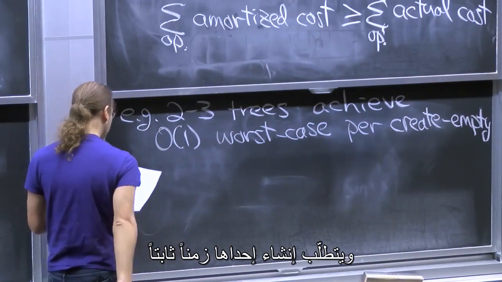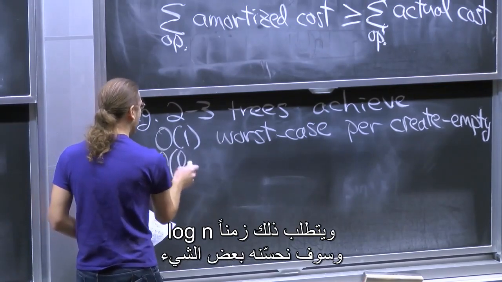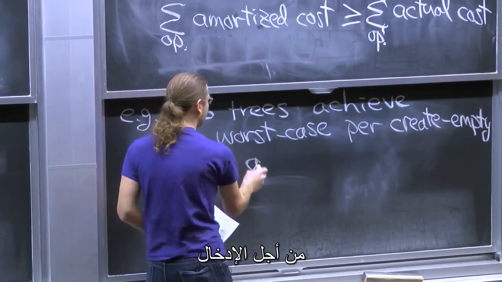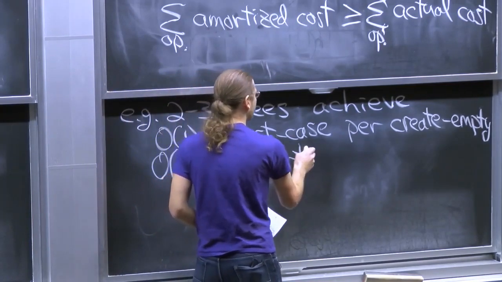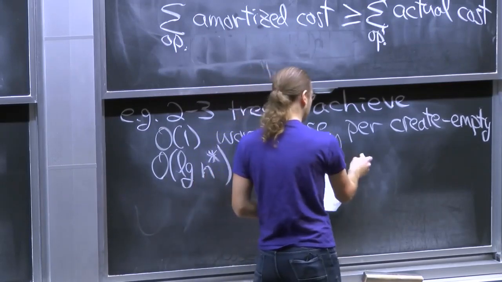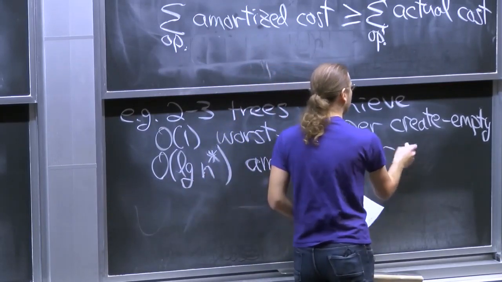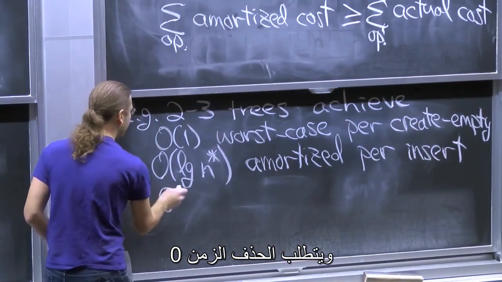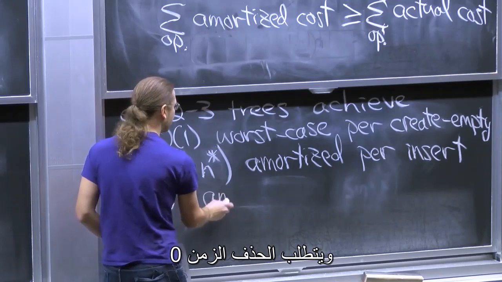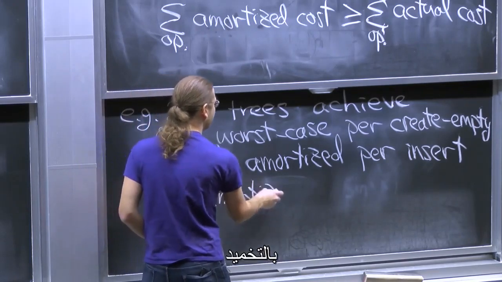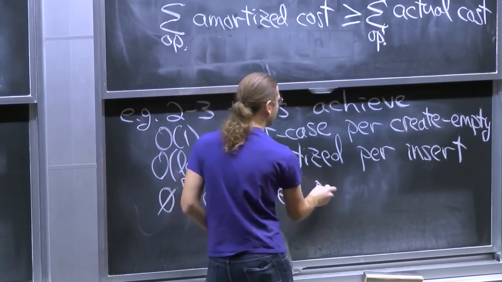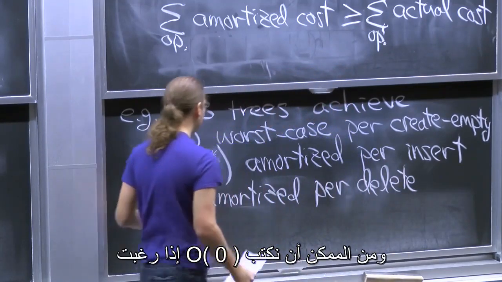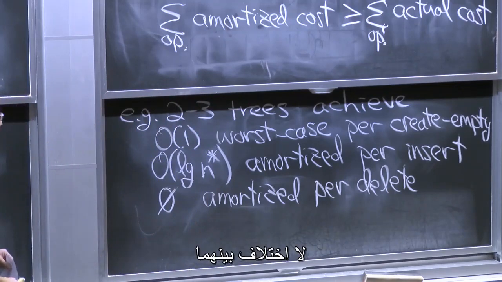It takes constant time to make one. I pay log n time. I'm going to tweak that a little bit for an insertion. And I pay 0 time per delete in an amortized sense. You can write big O of 0 if you like, same thing.